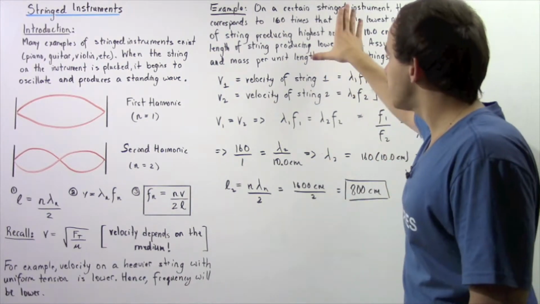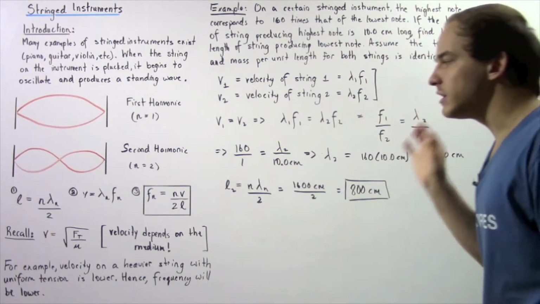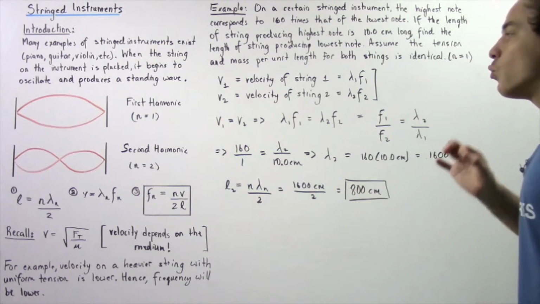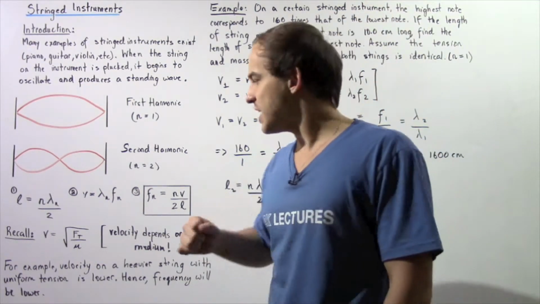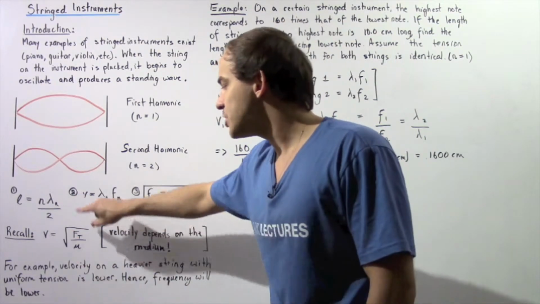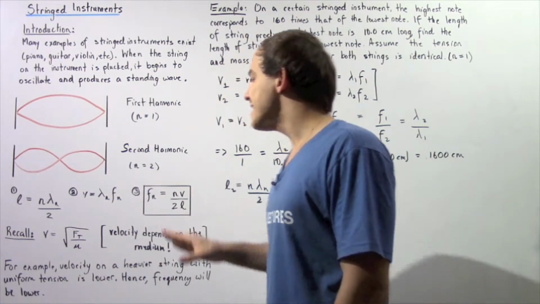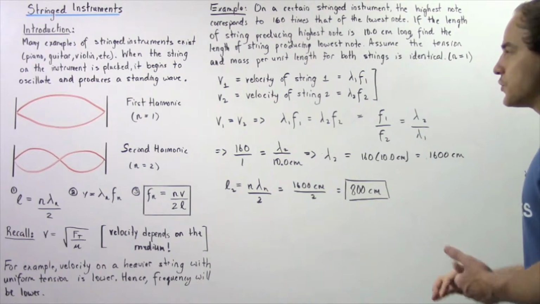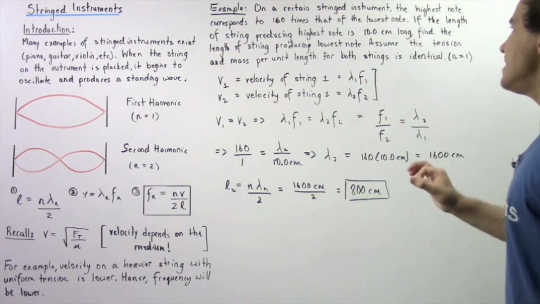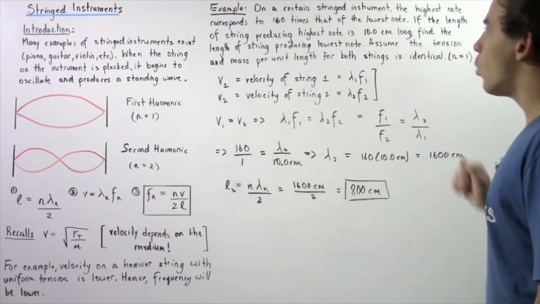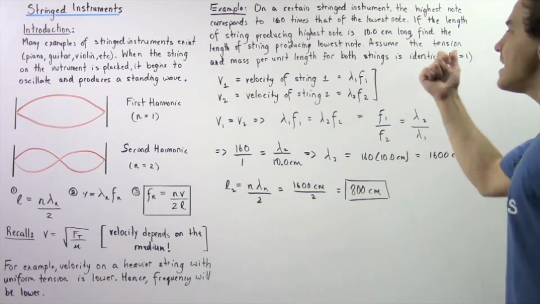So basically what this problem tells us is the velocity of our wave produced in both of the strings is exactly the same because the tension and the mass per unit length is the same in both strings. Let's suppose V1 is the velocity in string 1, and string 1 corresponds to the highest note.